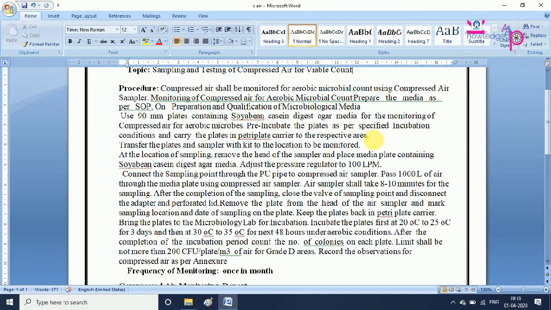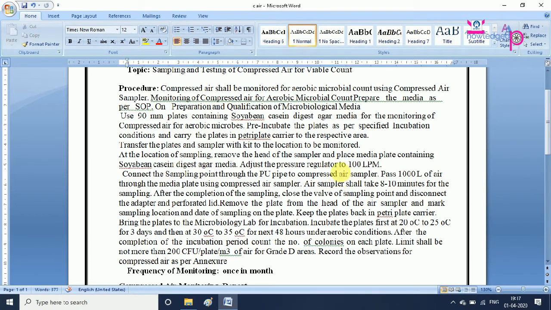Transfer the plates and sampler with the kit to the location to be monitored. At the location of sampling, remove the head of the sampler and place the media plate containing soybean casein digest agar media.